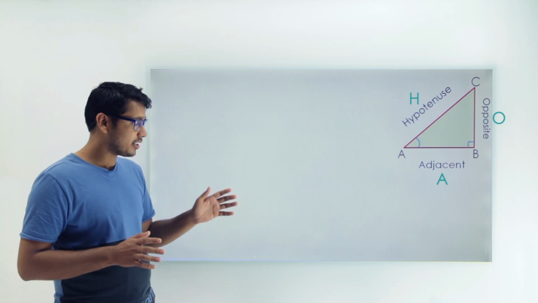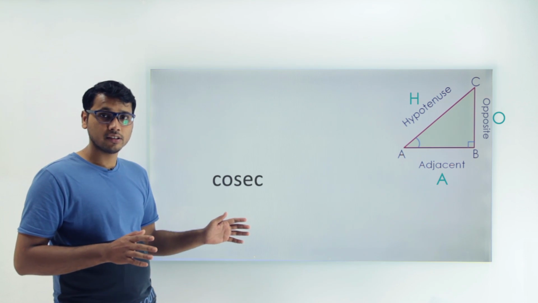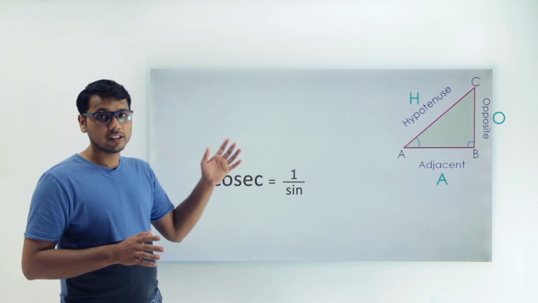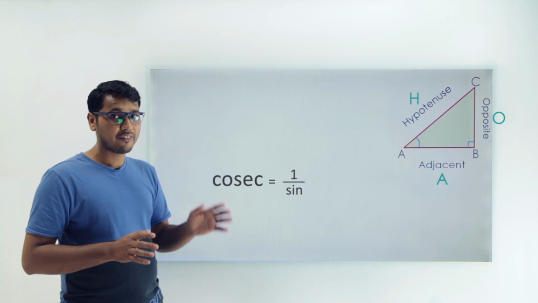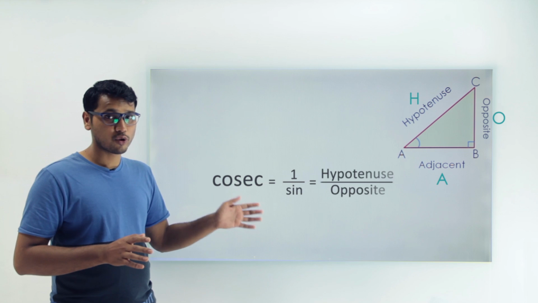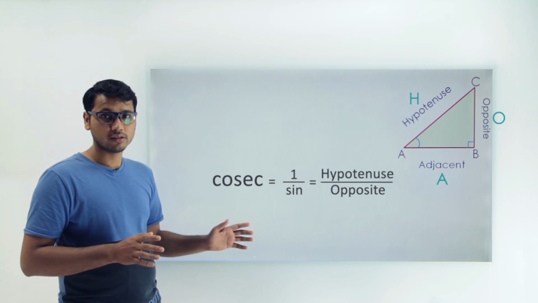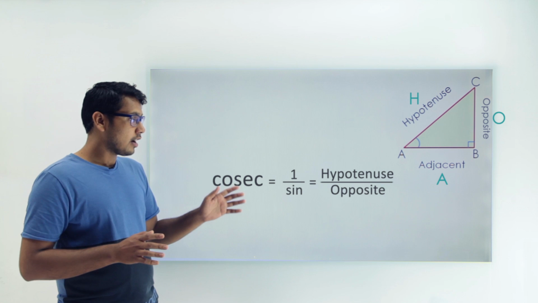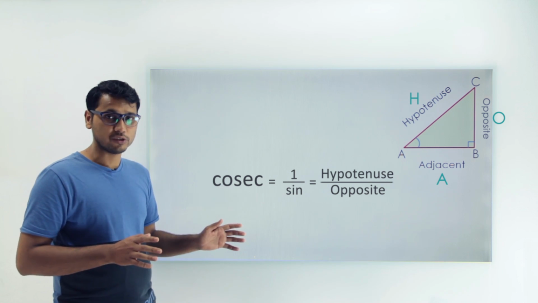Our next trigonometric ratio is cosec. Cosec is the reciprocal of sine. So all you have to do is take the reciprocal of sine to get the value of cosec. So cosec will be equal to hypotenuse upon opposite.